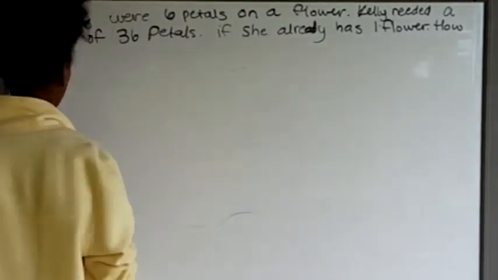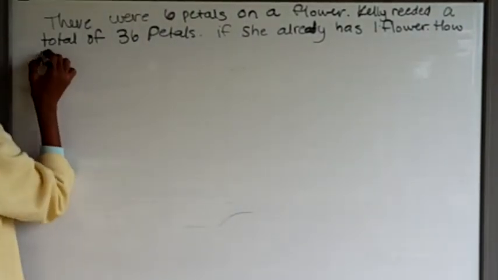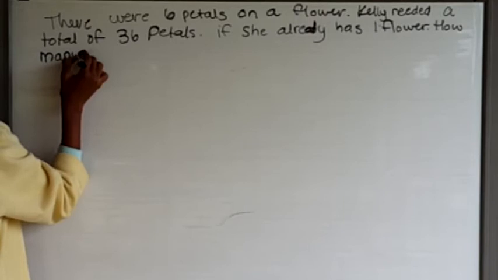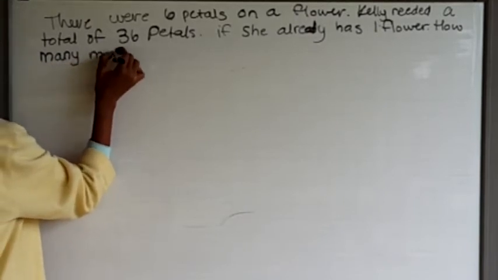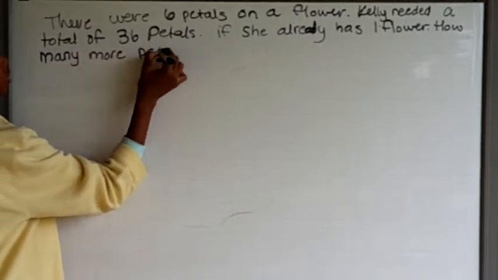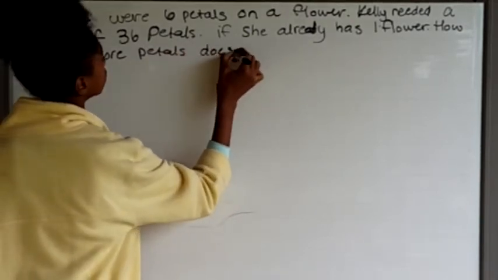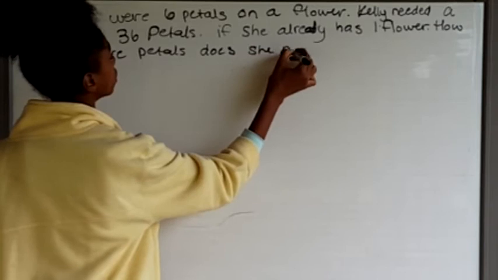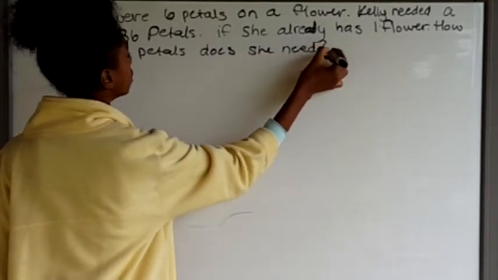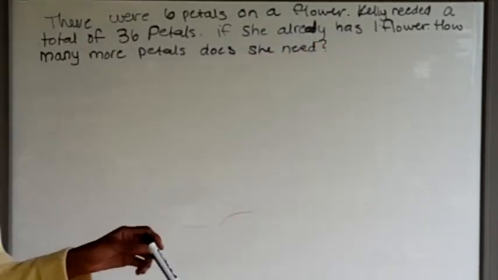Just when you think, pay attention. If she already has one flower, she needs 6 flowers. I mean 5 more flowers. How many more? 30 more petals.